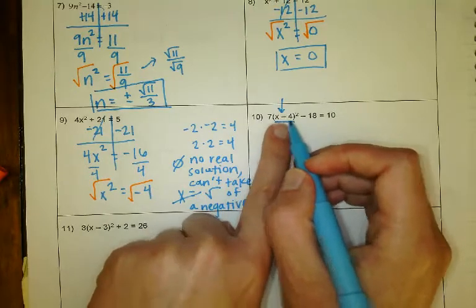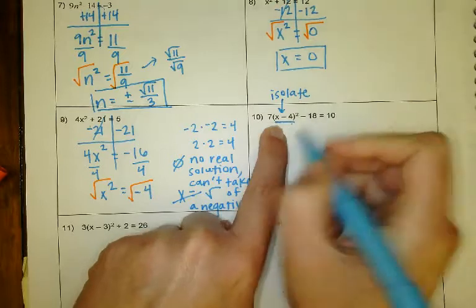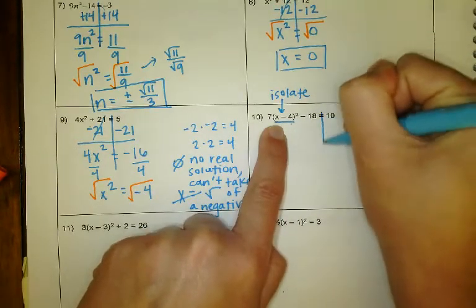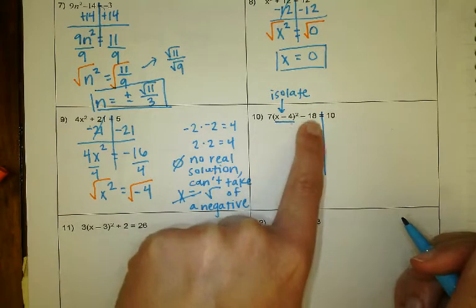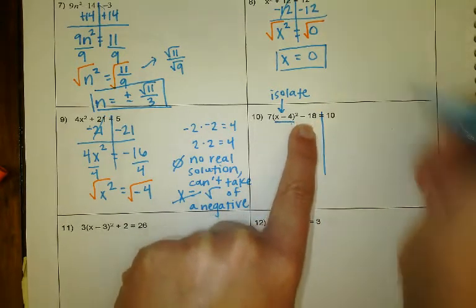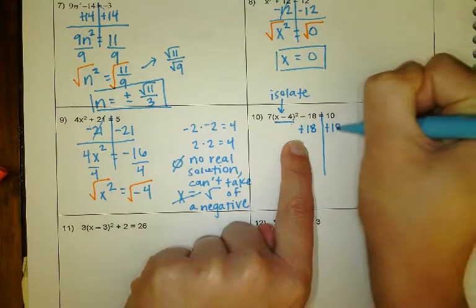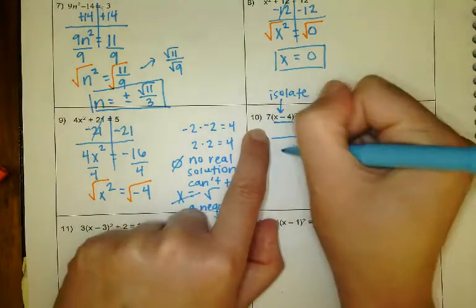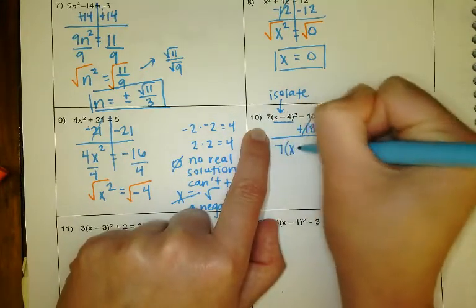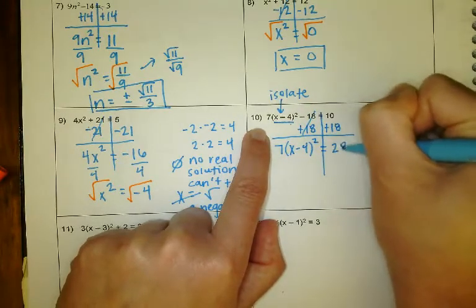So instead, we are going to try to isolate the parentheses using the same steps from the rest of the video. So let's try it. I'm going to start with this extra number and cancel it by adding 18. So then I get 7 times x minus 4 squared equals 28.